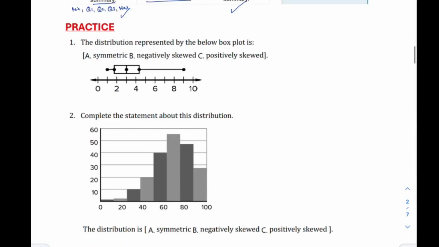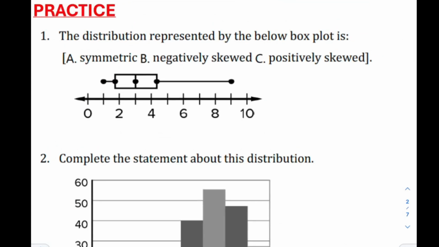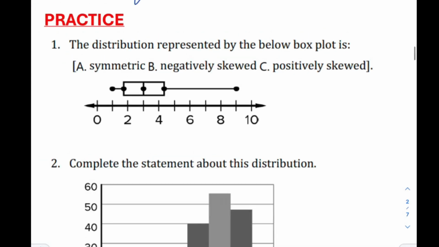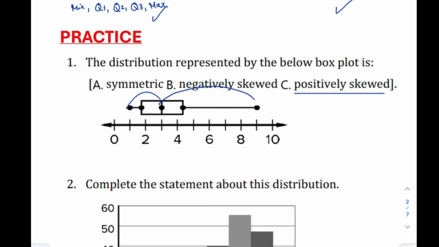Let's take some exercises here. The distribution represented by the below box is symmetric, negatively skewed, or positively skewed. As you see here, the length of the left side is less than the right-hand side, so positively skewed is the most proper choice here, because the right-hand side is longer.